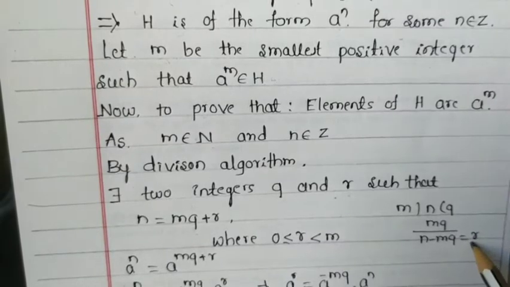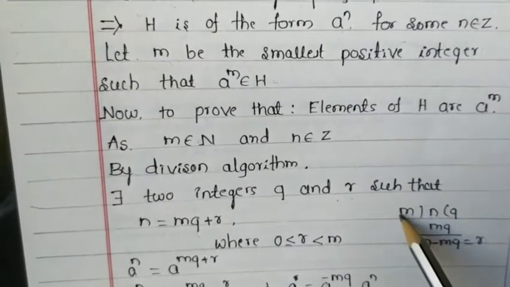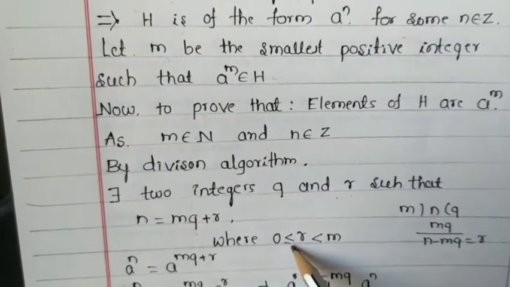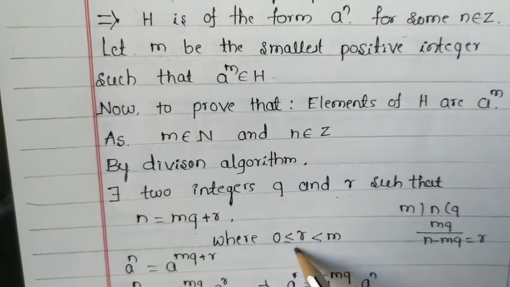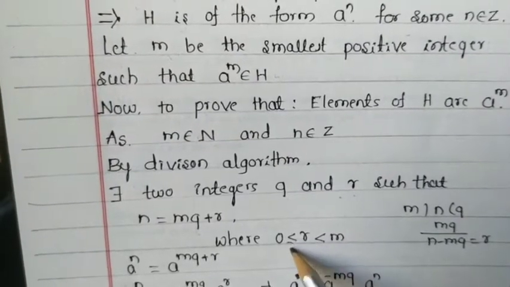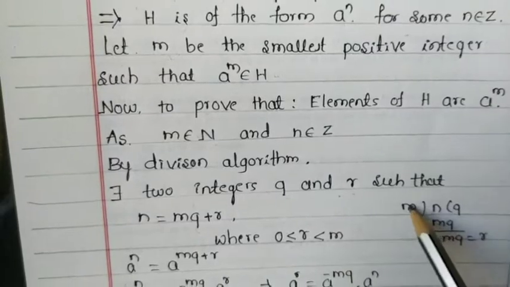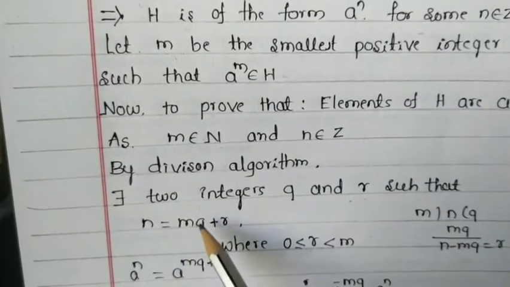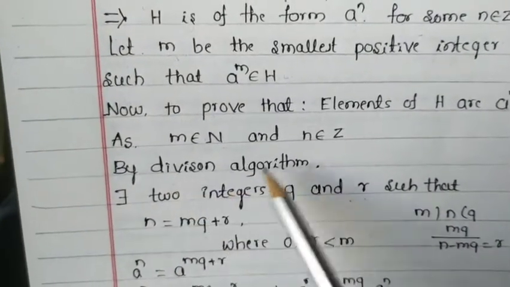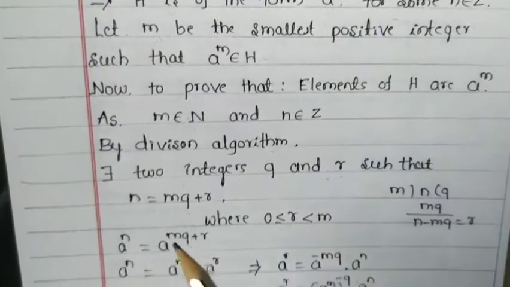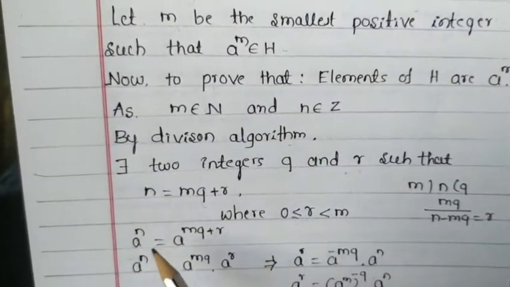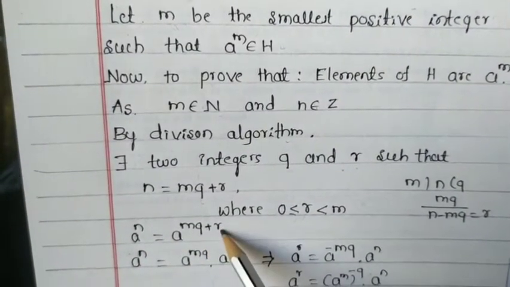This remainder is always less than the divisor m, and it may be equal to 0 or greater than 0. The remainder is always positive or it may be 0, and it should be less than m. Therefore n can be written as mq plus r. It is by means of the division algorithm. What happens: a raised to n is a raised to mq plus r.